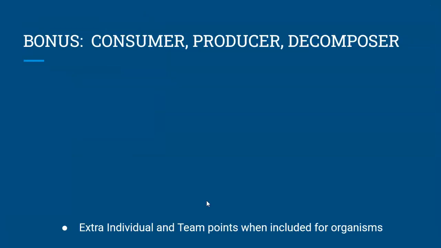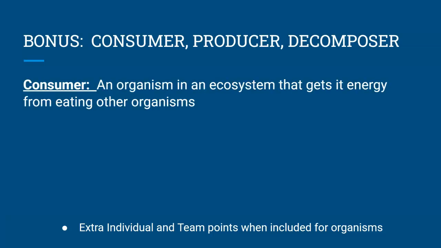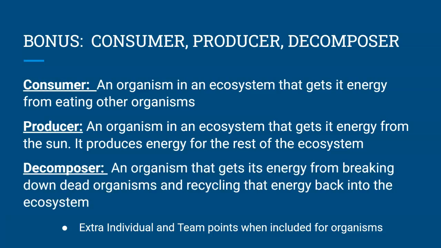Okay. Here's your bonus. This is just for bonus dojo points. Only for organisms, because for fossils and models we're not going to talk about consumer, producer, or decomposer. I suppose if you came across the taxidermy animals, you could certainly label them consumer, producer, or decomposer. A consumer is an organism in an ecosystem that gets its energy from eating other organisms. A producer is an organism in an ecosystem that gets its energy from the sun.